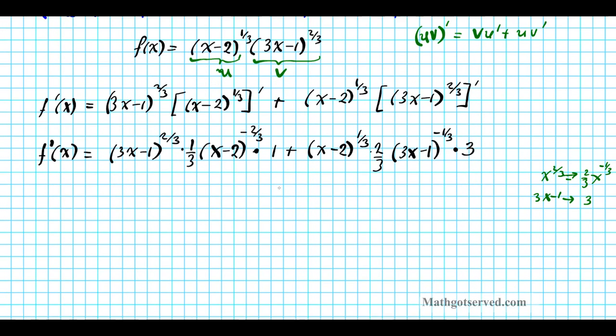All right, so let's go ahead and rewrite this in a format where we can combine them into one rational expression. So we're going to have (3x minus 1) to the 2/3 divided by 3 times (x minus 2) to the 2/3, using the properties of exponents.